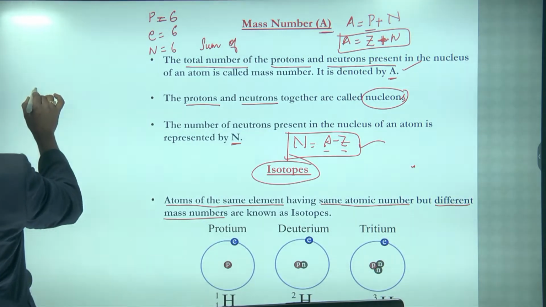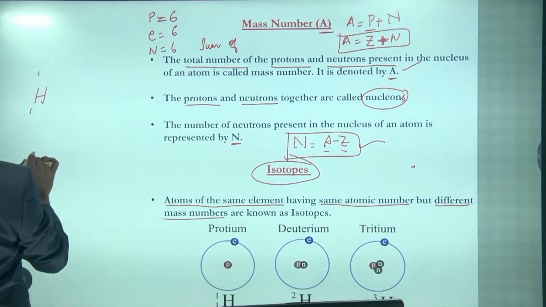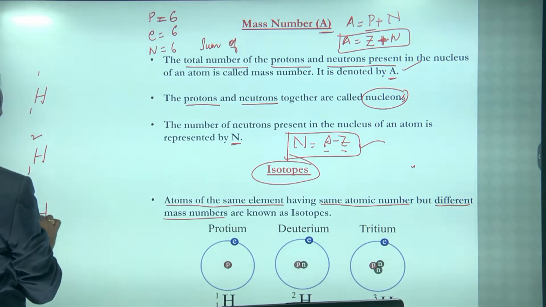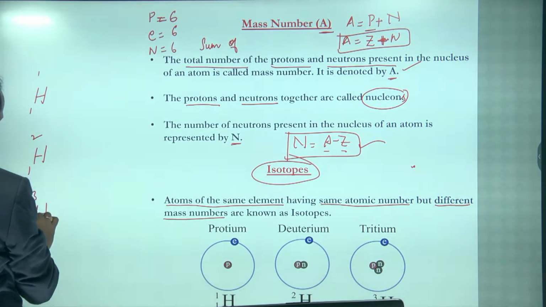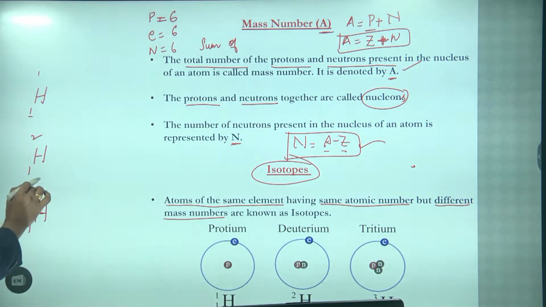Normally hydrogen is available in nature in three forms: hydrogen 1,1, hydrogen 1,2, and hydrogen 1,3.